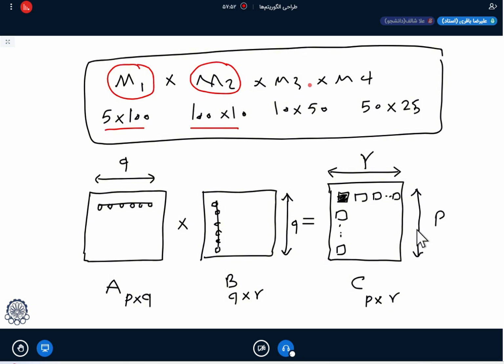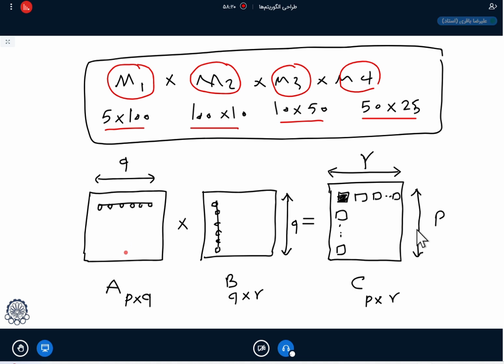This is the input. These matrices are given to us, and the dimensions are these. M3 has 10 rows and 50 columns. M4 has 50 rows and 25 columns. We are going to multiply these.